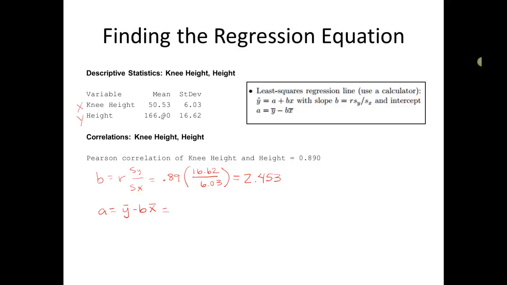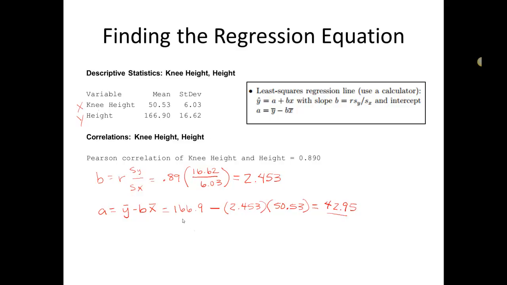Y bar is the mean of the y variable, so it's that 166.9, minus b, which we just calculated over here to be 2.453, times x bar, mean of the x's, which is 50.53. So if I do all of those calculations, I end up with 42.95. So that's going to be my intercept.